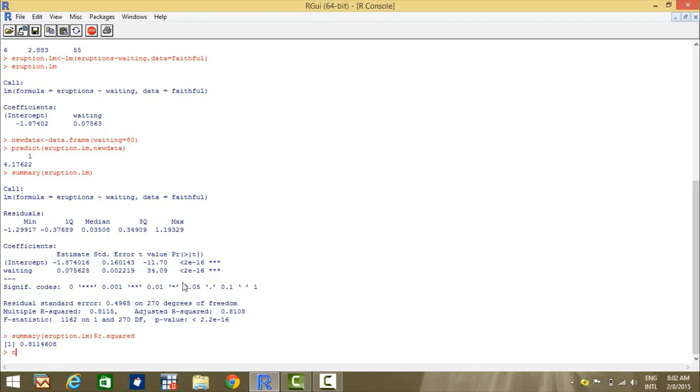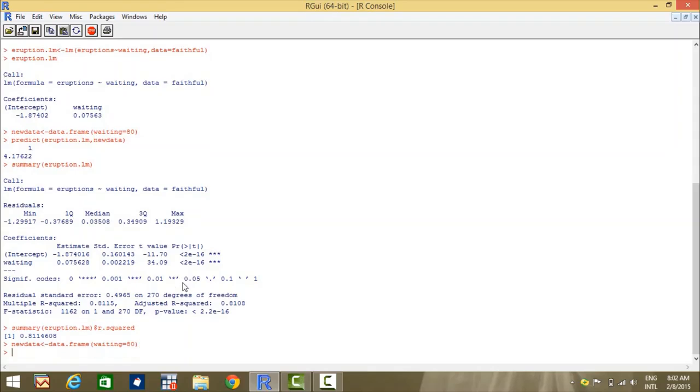First, I save the given value in some variable. Say, as I had done before, newdata is equal to data.frame, waiting is equal to 80. Then I want to predict the value of eruption.lm given this value.